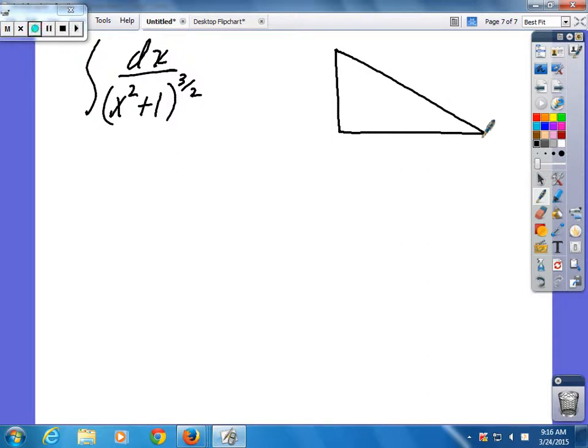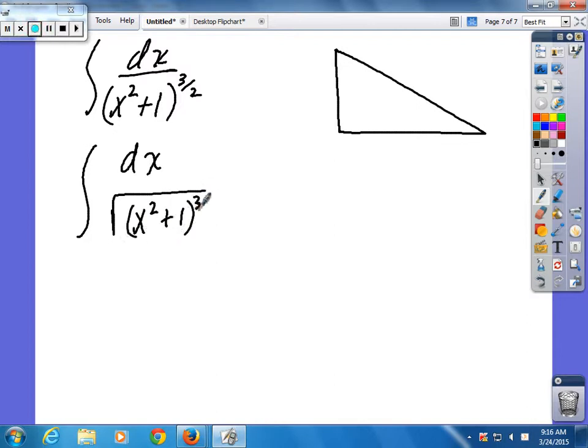Okay, so this is tangent because it's plus, and let's see if I can rewrite this: dx over the square root of x squared plus 1 to the 3rd power. Is that good? So therefore, your x is x, and a is 1.